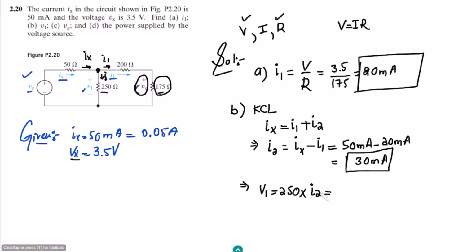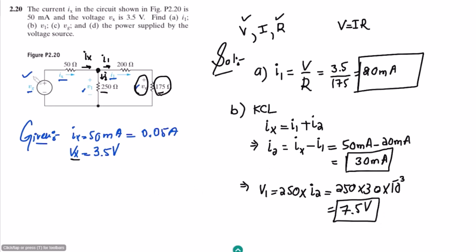So that would be 250 multiplied by 30 multiplied by 10 to the power minus 3. Solving it, we will get 7.5 volts. So 7.5 volts is the voltage across this 250 ohm resistor. We have found it, and that is the solution of part B.